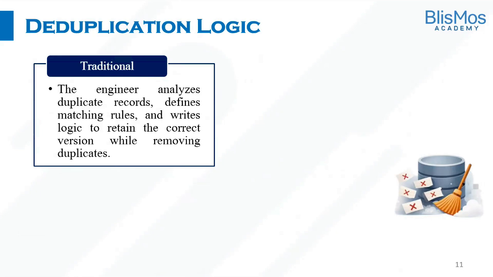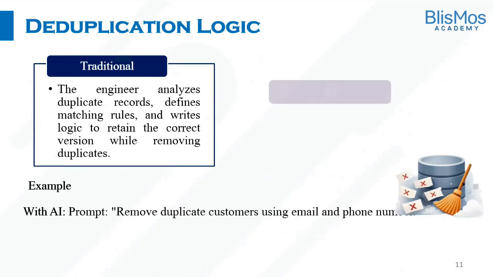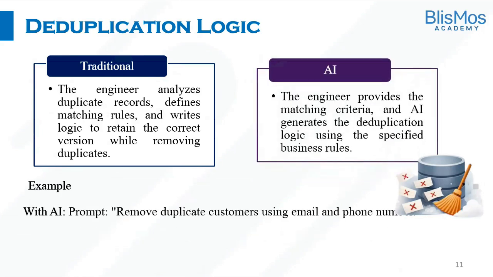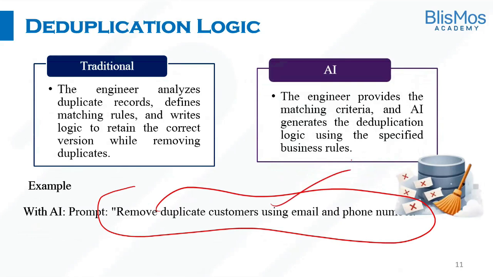Instead of manually doing it, you can use AI and provide the matching criteria. AI will generate the deduplication logic using the specified business rules. So the AI prompt can be: remove duplicate customers using the email and phone number. Because in this case, we are trying to remove the duplicates based on these two fields.